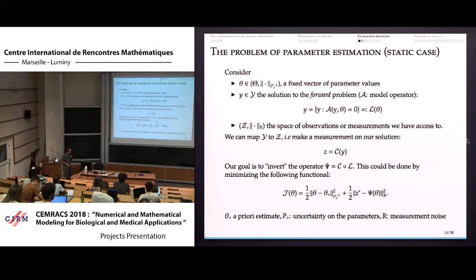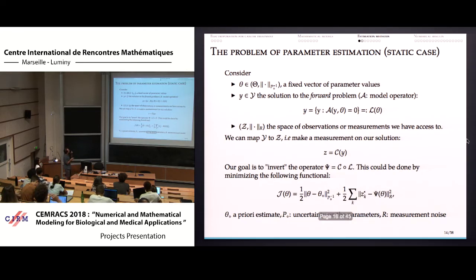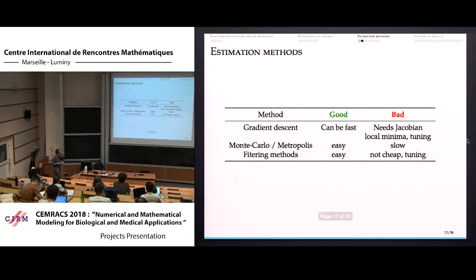Okay, so now we can have several measurements, so we just sum here. Basically, an overview of the methods we have. You can do gradient descent. In our case, it's very hard to do because you need to compute the Jacobian of this functional, which depends on the solution of a nonlinear PDE, very nonlinear in some cases, so we don't want to do this.